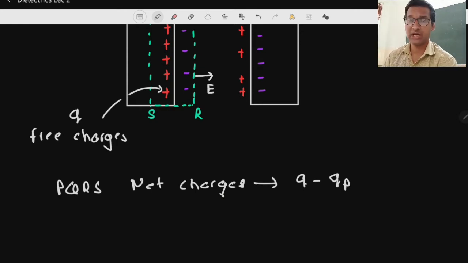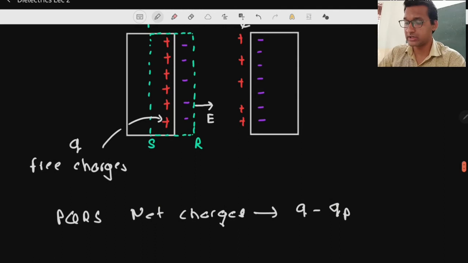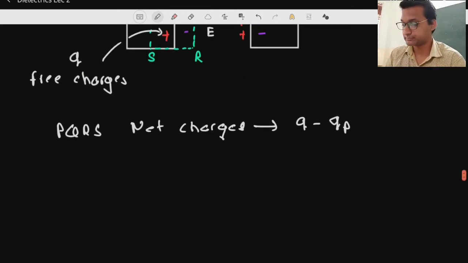The polarization charges will be less in quantity than the free charges, as you can see in the diagram. If they became equal in quantity, they would cancel each other and there would be no electric field, but that does not happen. So the charges on the dielectric medium will be less, and we have the net charge as Q minus QP.